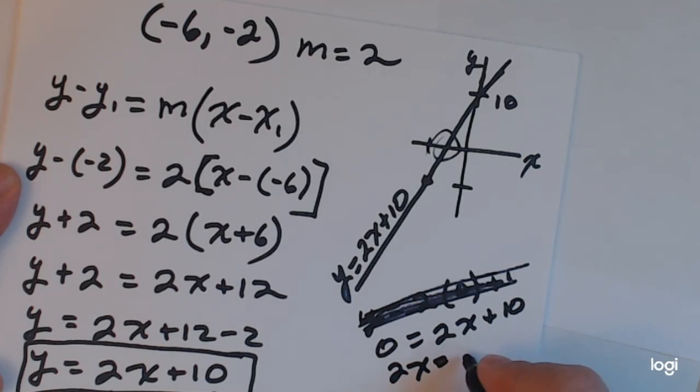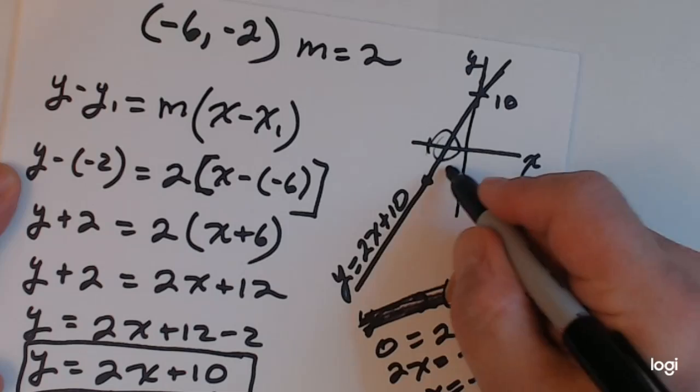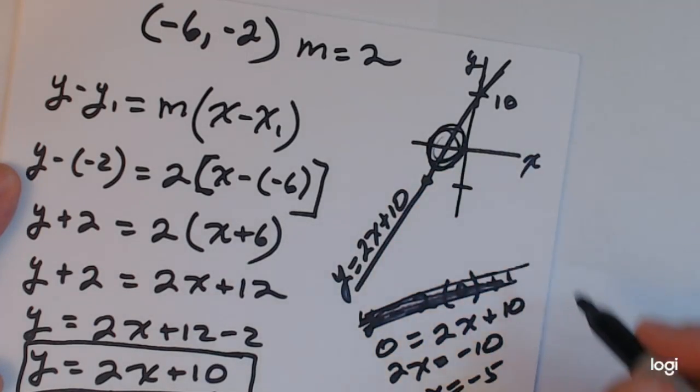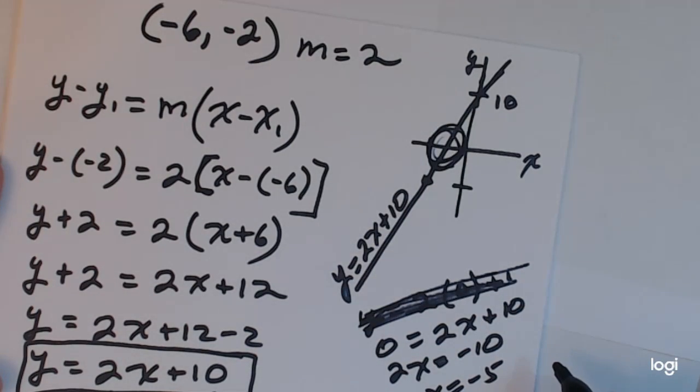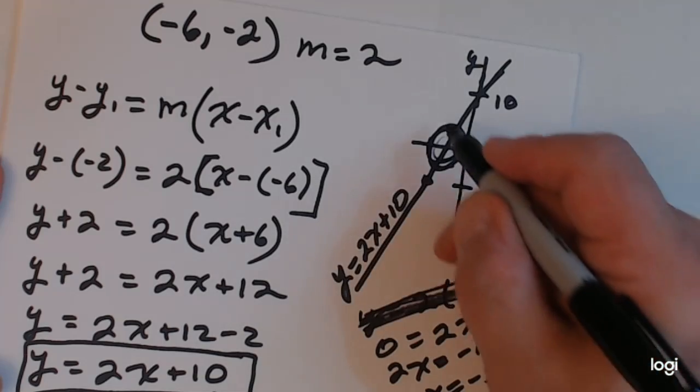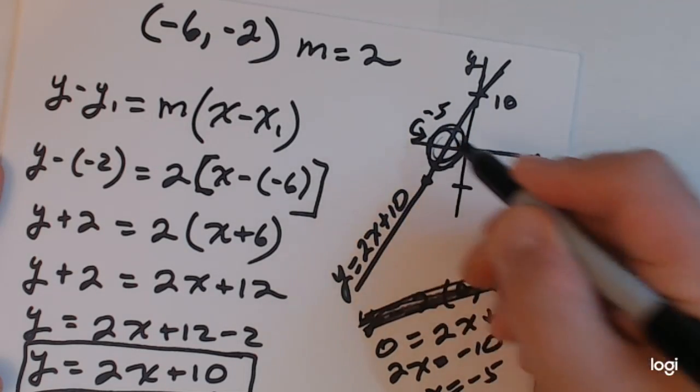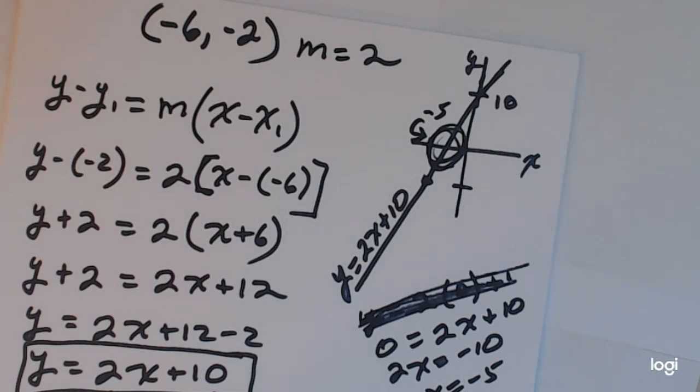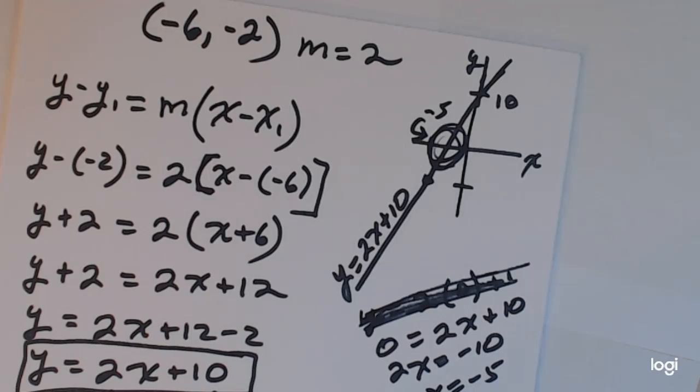So 2x equals negative 10, so x equals negative 5. So this point here, it cuts the x-axis at negative 5. All right? And it's as easy as that.